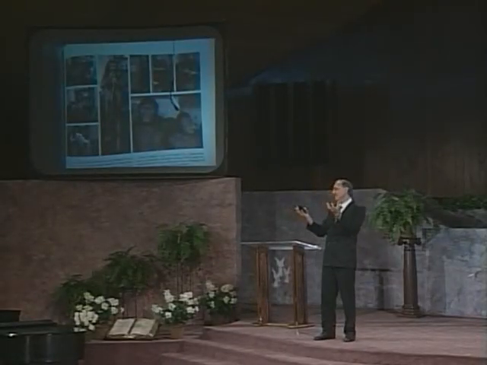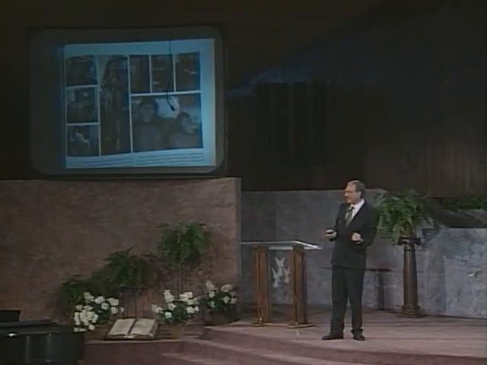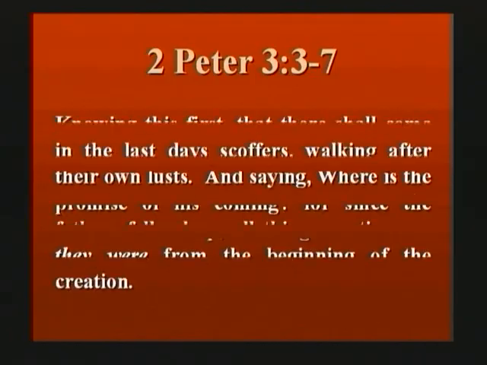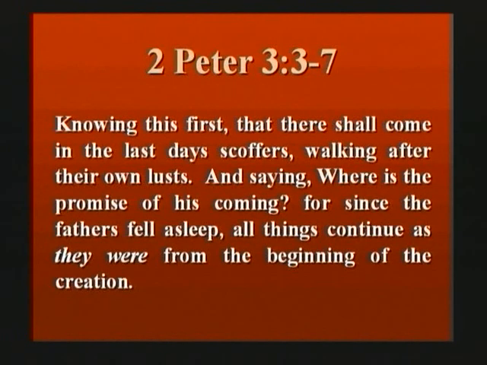So we have a great controversy here. Either we had this noble origin, or we had this lowly origin. The one comes from above, the other comes from below. 2 Peter chapter 3, verse 3 says, knowing this first, that there shall come in the last days scoffers, walking after their own lusts and saying, where is this promise of his coming?